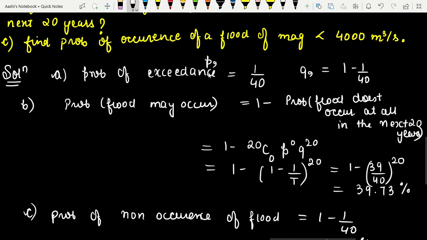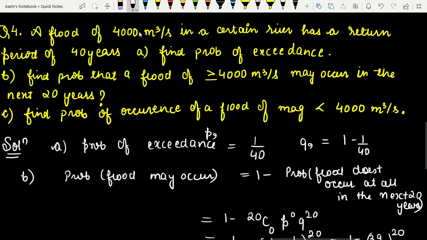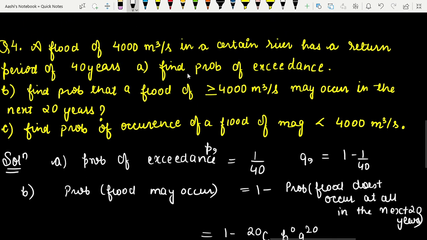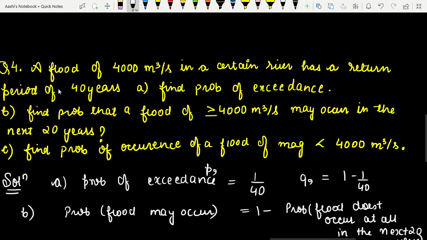When will this event occur? If a discharge of 4000 meter cube per second or more than that passes through our hydraulic structure. And when will I say that a flood of such heavy magnitude will not occur? Then I can say 1 minus the probability of occurrence. Yes, based on the return period, I can say this event will occur once in 40 years.